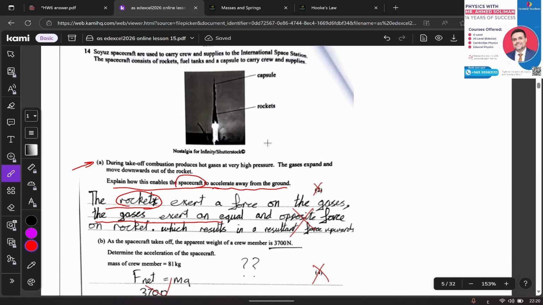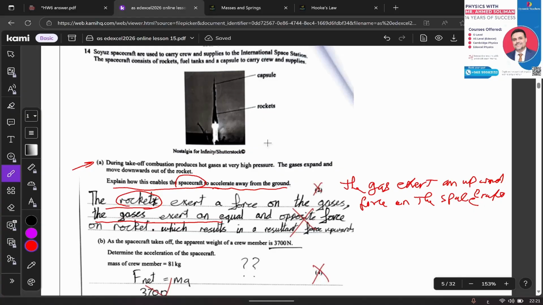What is the direction? Upward. So you can write the gas exerts an upward force on the spacecraft, right?